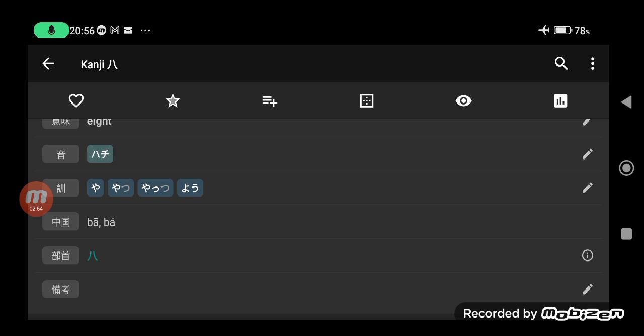I have placed a stress on the tsu, on the letter T of tsu, because as you can see, the third kunyomi is not an ordinary yatsu. The tsu in the yatsu is stressed because of the small tsu. The function of the small tsu, as I've discussed in previous lessons, is a consonant doubler, meaning the T part in the tsu is doubled.